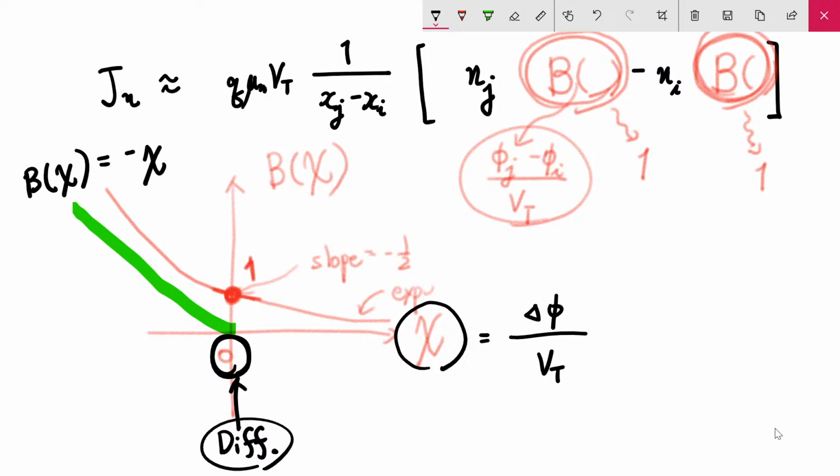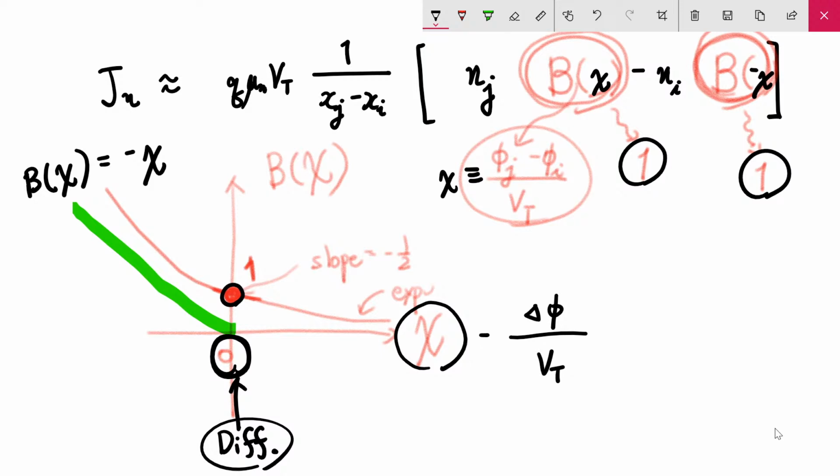Then the function value is 1, so both Bernoulli functions will give 1 and 1, which is a perfect fit for your application. And if we now introduce chi and minus chi, chi is defined this way: the potential difference divided by the thermal voltage.